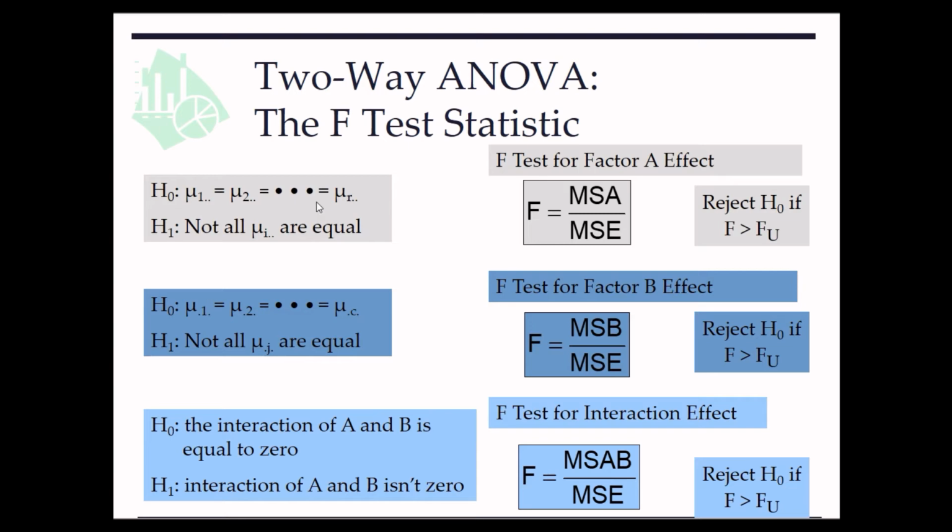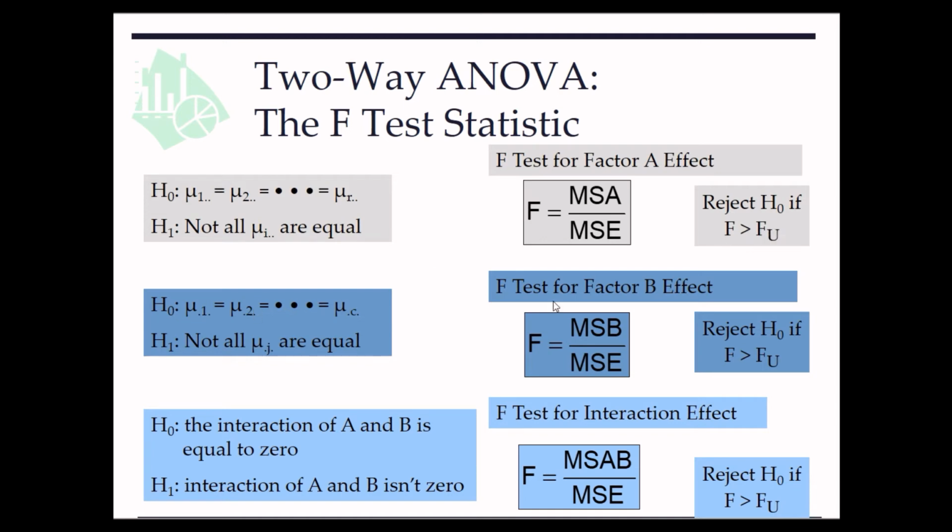Here we do not consider factor B specifically. So here we have an F-test for factor A effect, where the F-test statistic equals MSA over MSE, and we reject H0 if the F-test statistic is greater than the F critical value.